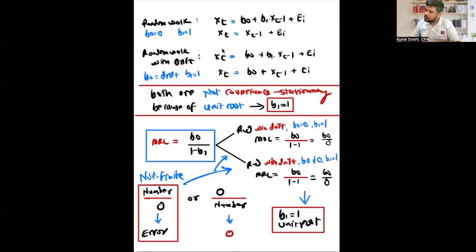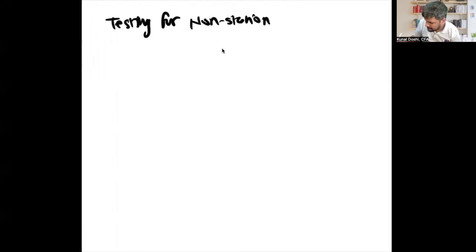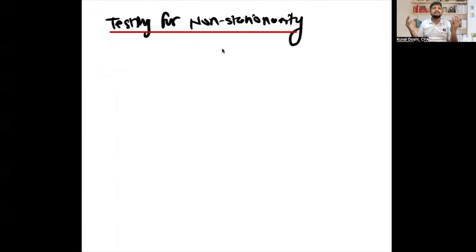Here also, I will write down the same thing. We are first going to discuss how to test whether there is a problem of non-stationarity. So, testing for non-stationarity. I know while you all are writing, you might be wondering where you are going to use this in real life.